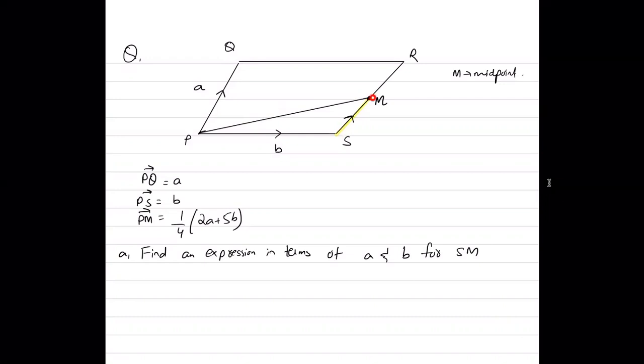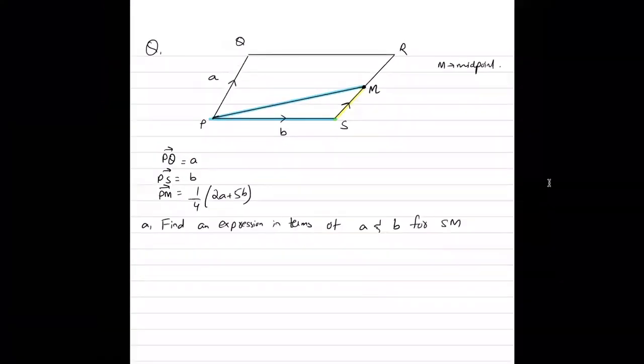Going from S to M is same as taking the route from S to P and then from P to M. Do you understand this? Yes, sir. So SM vector is the vector addition of SP plus PM.